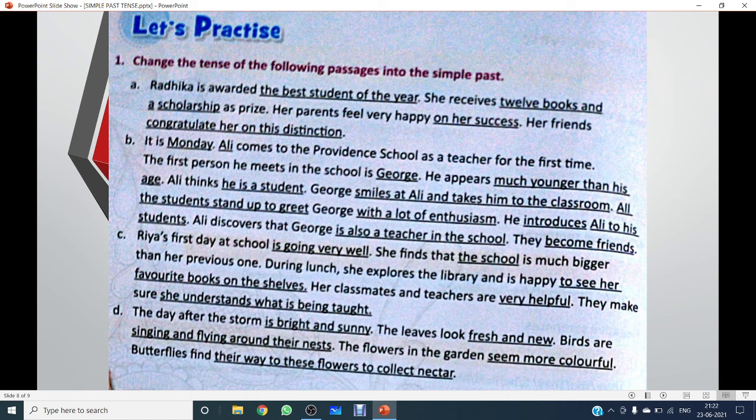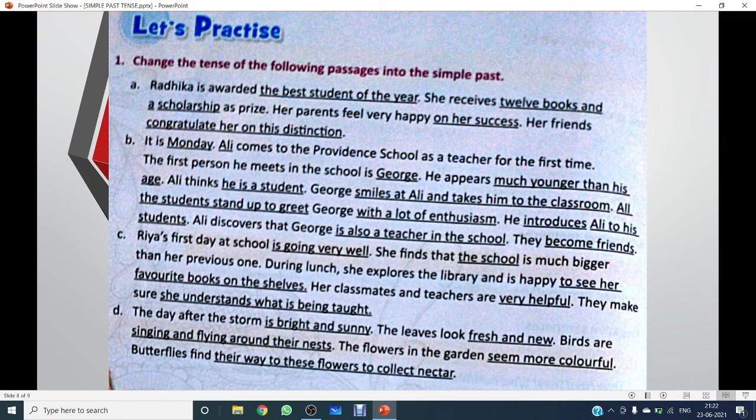Now number D. The day after the storm is bright and sunny. So the day after the storm was bright and sunny. The leaves looked fresh and new. What will we write? The leaves looked fresh and new. Birds are singing and flying around their nests.